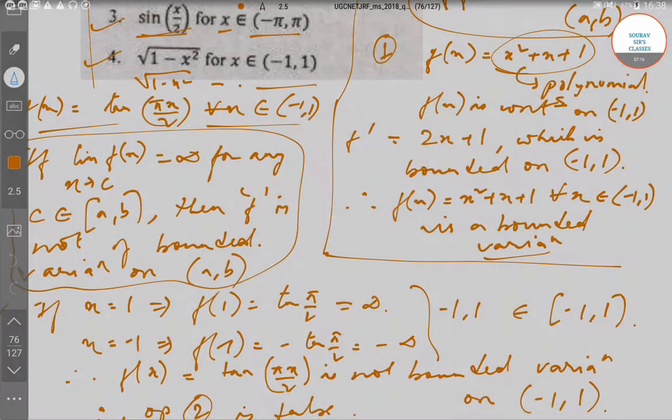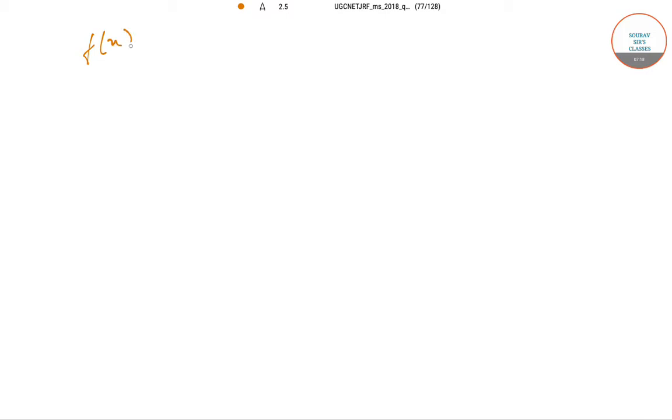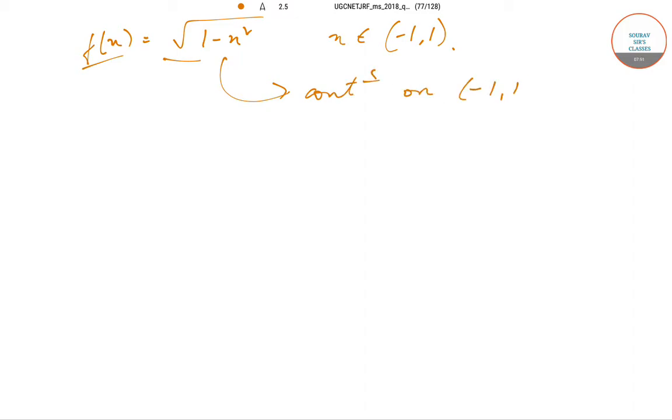We have been given f of x equal to root over 1 minus x square, and the interval is the open interval minus 1 to 1. So this function is definitely continuous on the open interval minus 1 to 1.